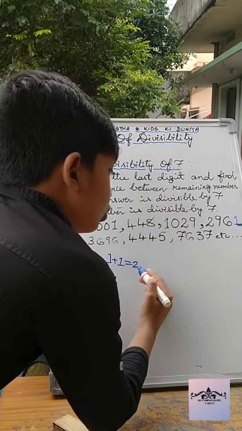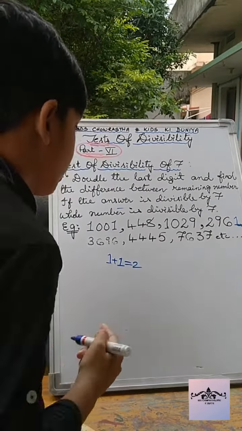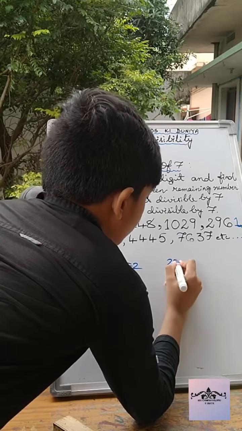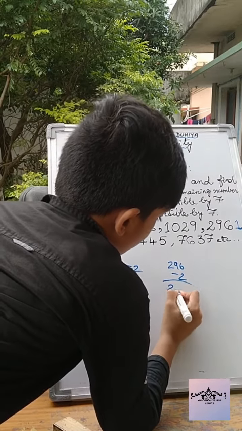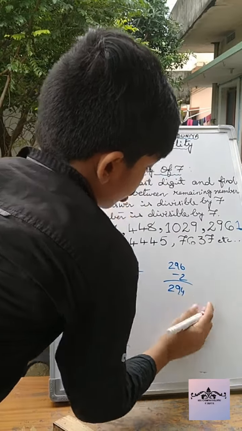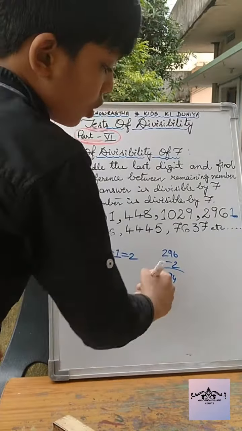So if we double 1 we get 2. We are taking 296 minus 2, which is 294. Check whether 294 is divisible by 7 or not.